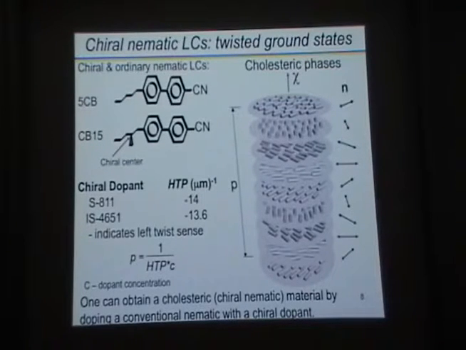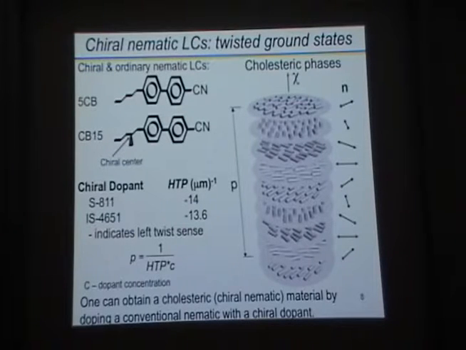Right? So the molecules that will form this type of phase are very similar to the ones that form nematic liquid crystal phases, and usually the difference is very minor. All we need is one carbon chiral center that will break the symmetry. You will now lack the mirror symmetry of the molecule, and those will then self-assemble into the cholesteric liquid crystal phase.